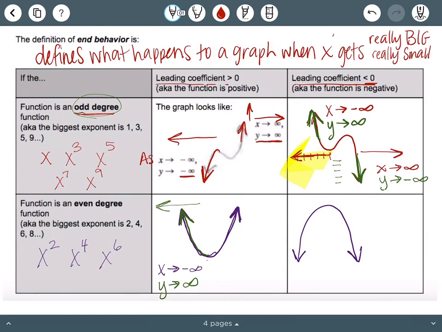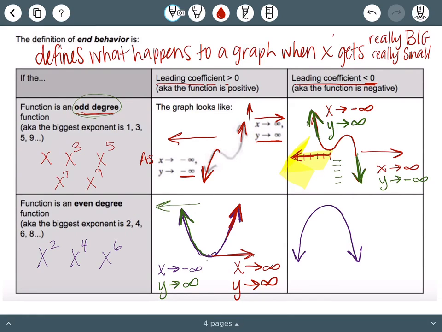I'm going to go the other direction here as x goes to positive infinity. So as we're increasing our x's and heading out that way, what is happening? Let's make that a little bit more clear. As we're heading this way on our graph, what's happening to our graph? It's going up, right? So we would say y is also headed to positive infinity.